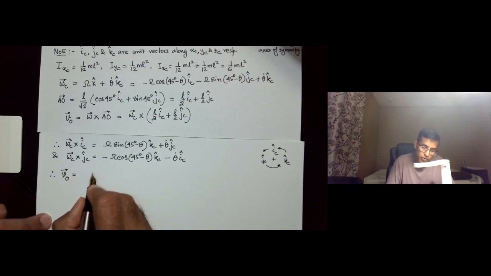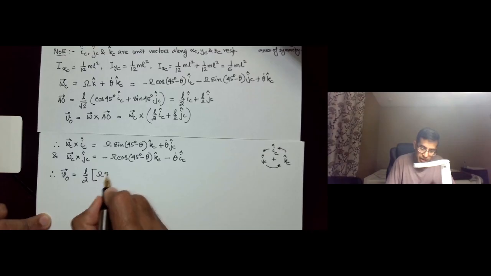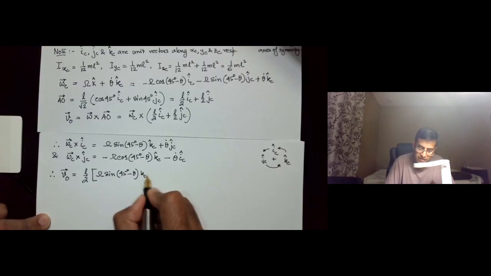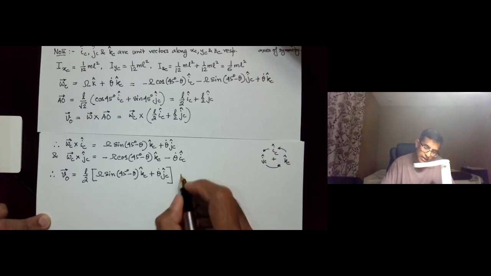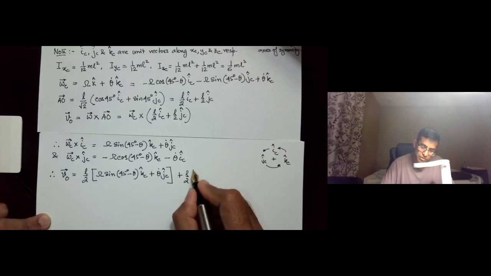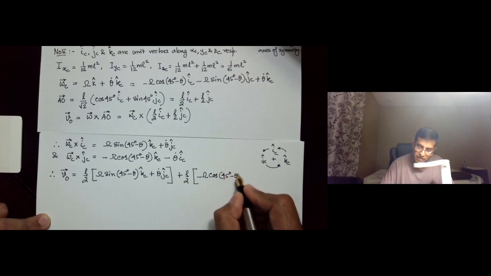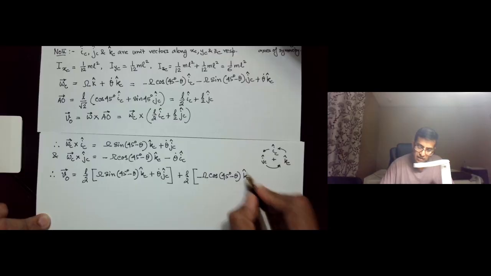So the velocity of O is then L by 2 times omega sine 45 degrees minus theta KC plus theta dot JC, plus L by 2 times negative omega cosine 45 degrees minus theta KC minus theta dot IC.